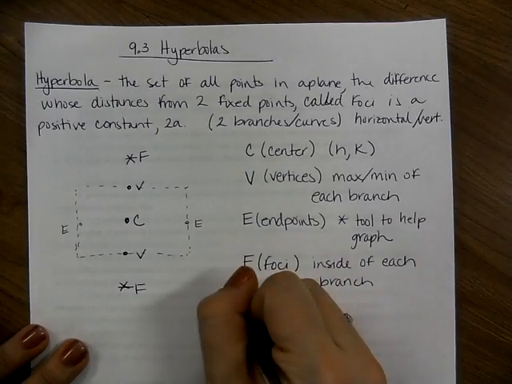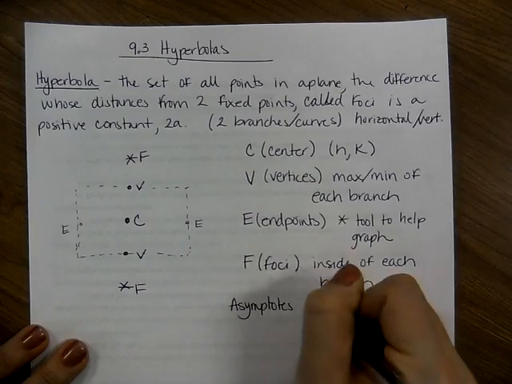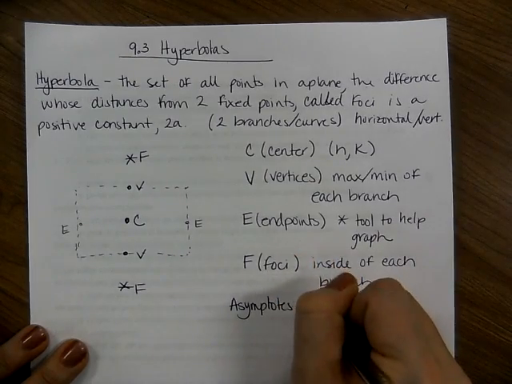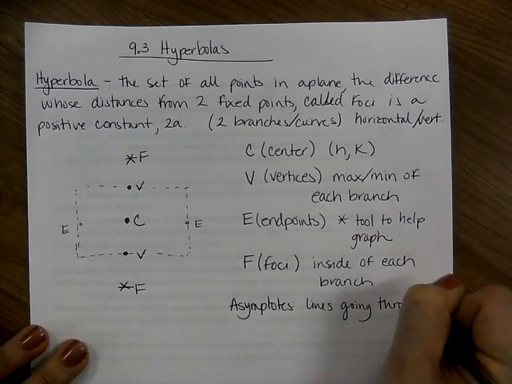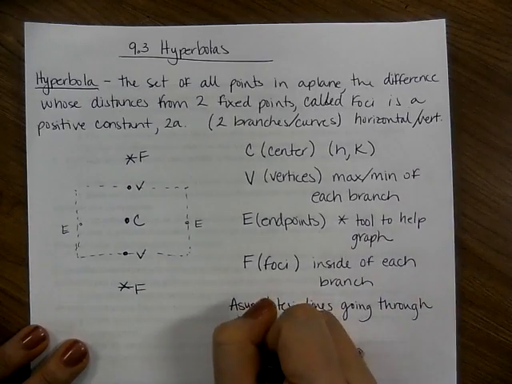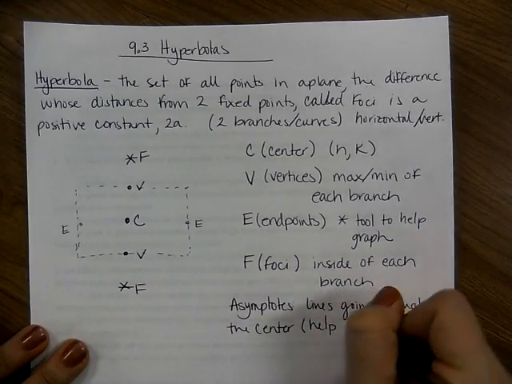Now the reason why we have this is because with a hyperbola there are asymptotes. Okay, so let's define those. Alright, so the asymptotes are lines going through the center, and what they do is they help us to shape the curve.